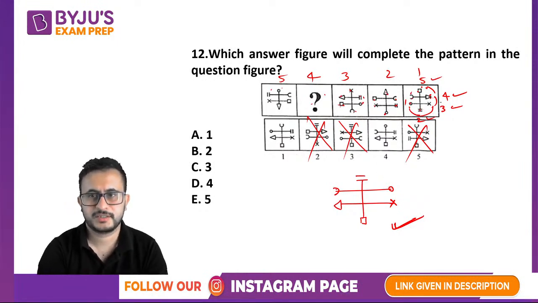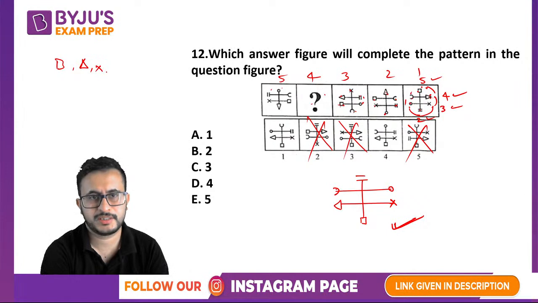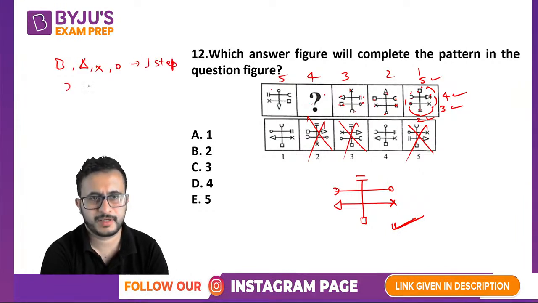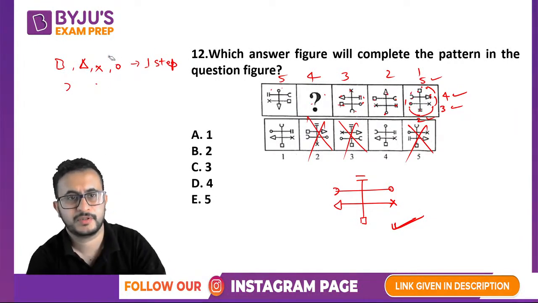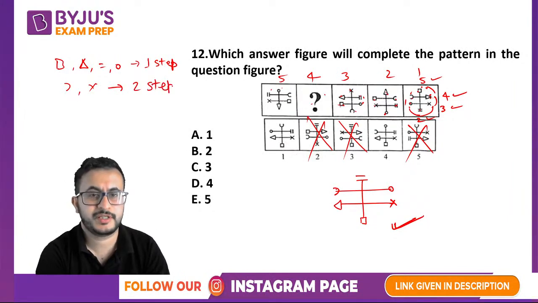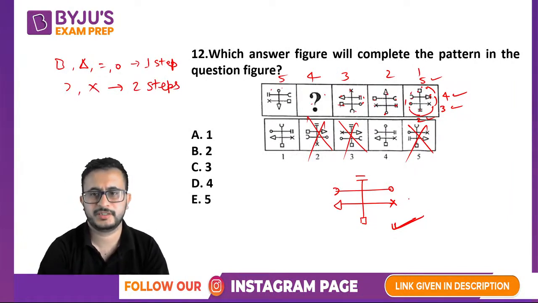See, all these elements, the triangle, square, triangle, then the cross and this circle, are moving one step, and this C shape and the cross were moving two steps, and the equal to symbol. The C and the cross are moving two steps, right? So notice their movement and you shall get this as the answer.